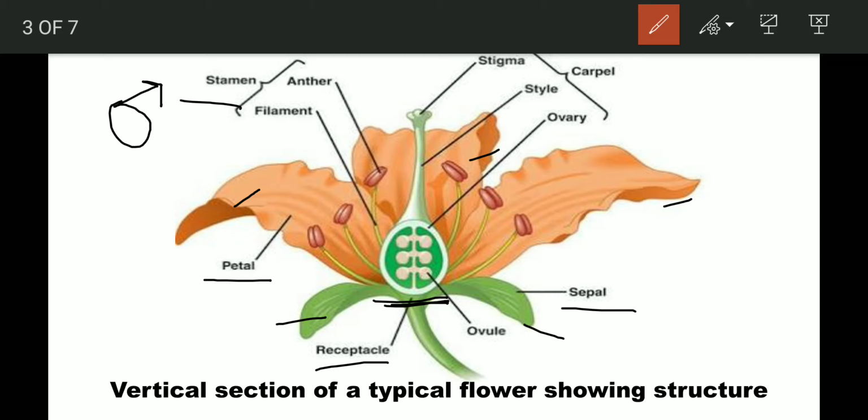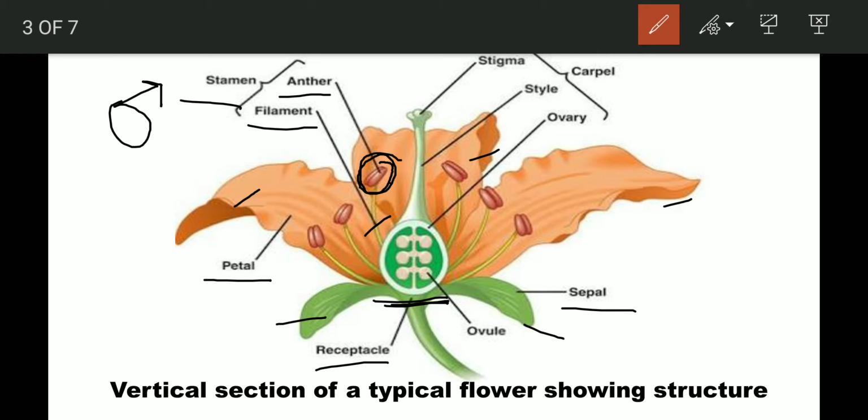This bilobed structure you see on the screen is called the anther, and this tube-like structure which is connecting anther to the receptacle is called the filament.